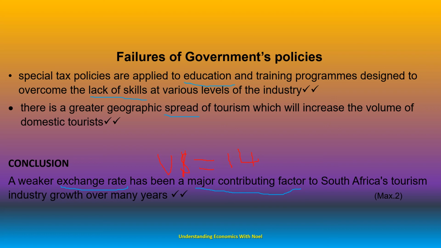But let it be $1 to one rand, it will attract tourism. Why is it so? Things will be cheap. So by concluding on this particular issue, you need to ensure that you think out of the box. I believe you have benefited from this, and I wish you the best in your exams.